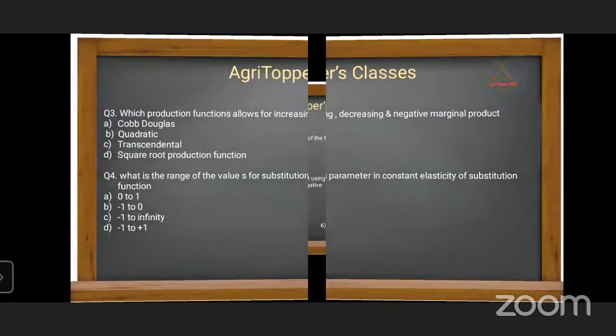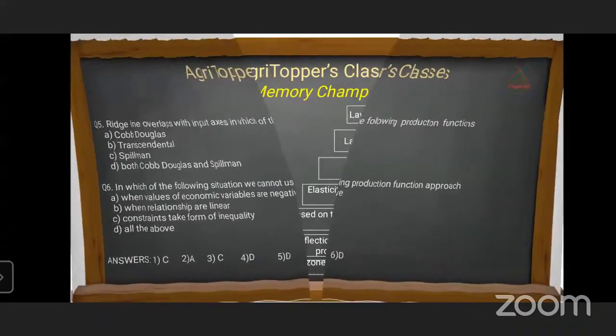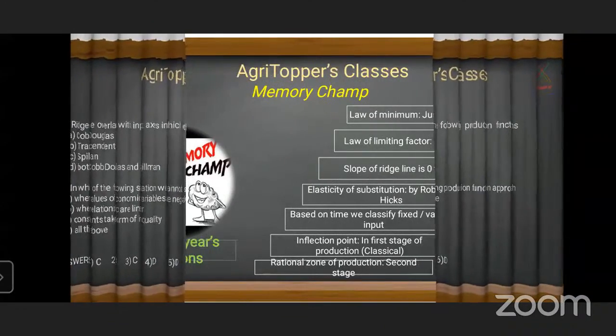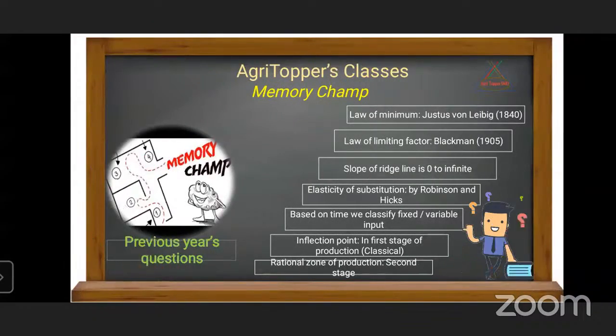So these are some questions, and then these are some bits. In classes, at the end, we give bits like memory champs. These memory champs are those terms which have come in at least 3 papers in the previous 5 or 10 years.